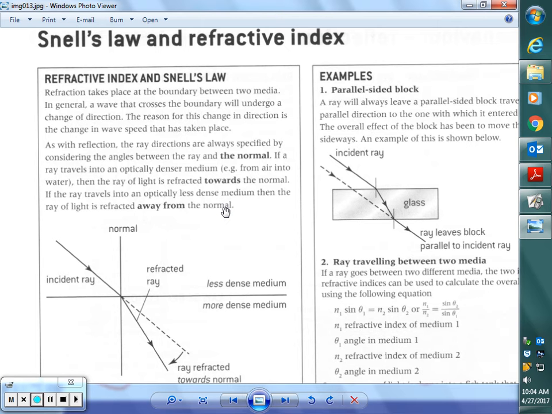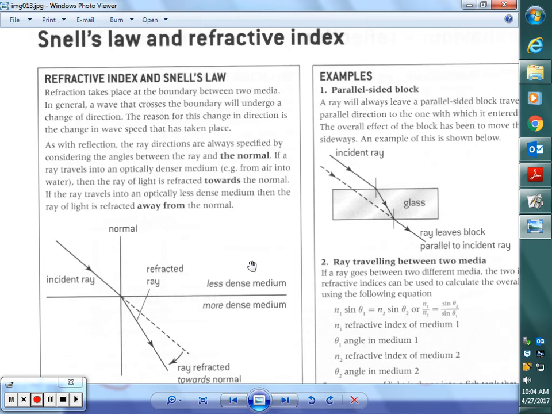It's the bending of a ray due to the difference in medium. That change of medium causes a change in speed, which causes the light ray to bend in a different direction. Again, we measure these angles in reference to the normal line, a line that's perpendicular to the surface or the boundary between the two mediums.